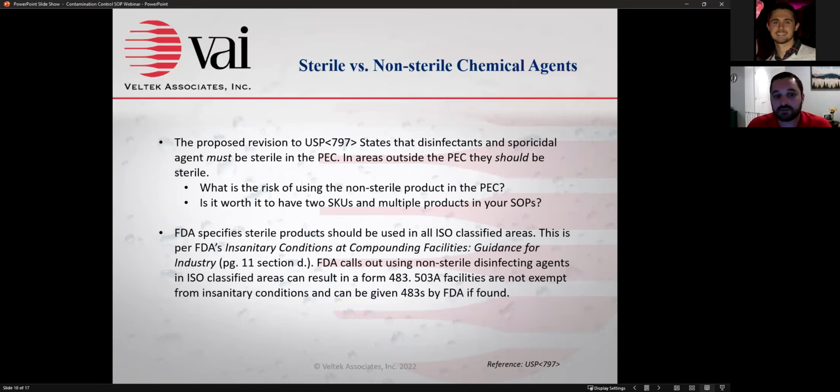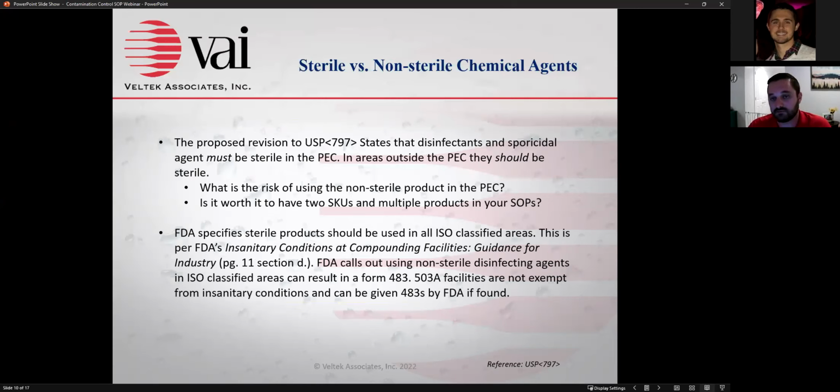A question to ask yourself: what's the risk of using a non-sterile product in the primary engineering control, or taking a sterile product out of the area where it's supposed to be stored to clean a lower grade area, then going back and cleaning a higher grade area? So it's up to you. I think best practice is to use a sterile product in all classified areas.